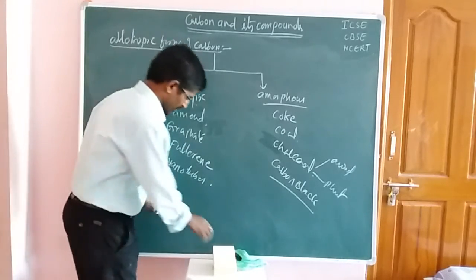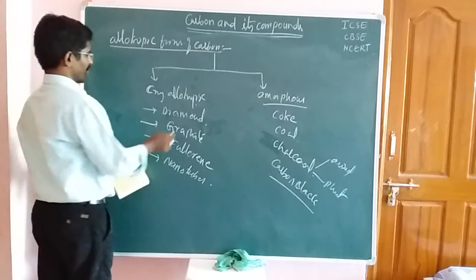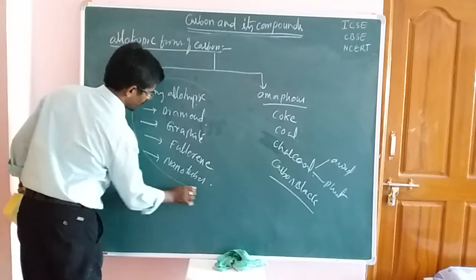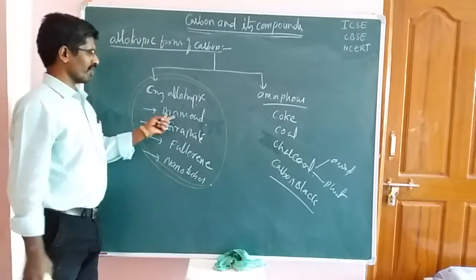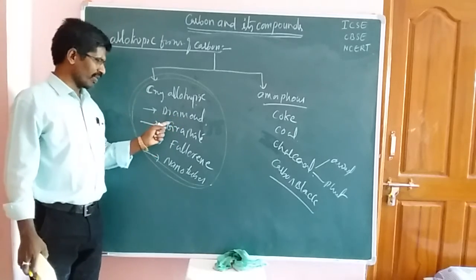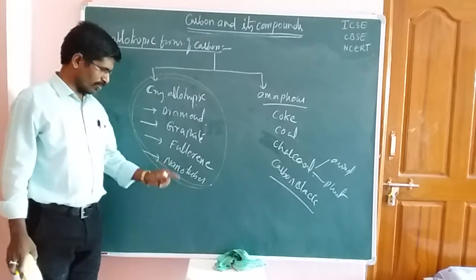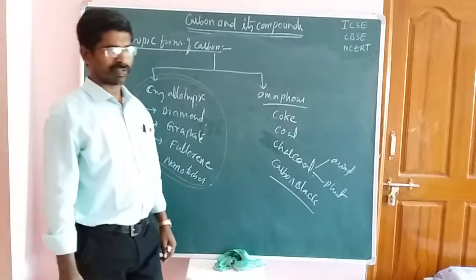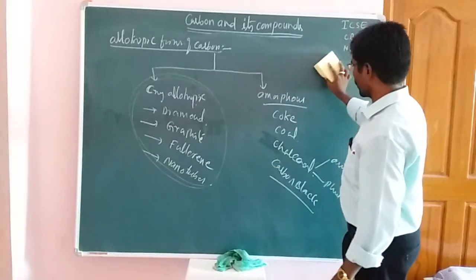But in our syllabus, we should study these allotropic forms: diamond, graphite, fullerene, and nanotubes. Okay, students. These are very important. I will discuss them one by one.